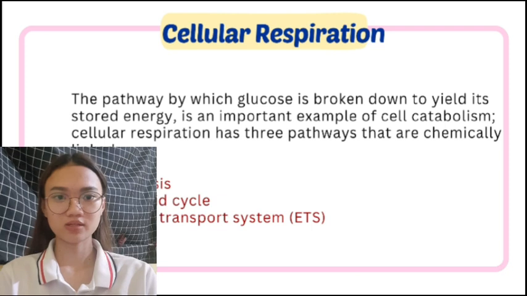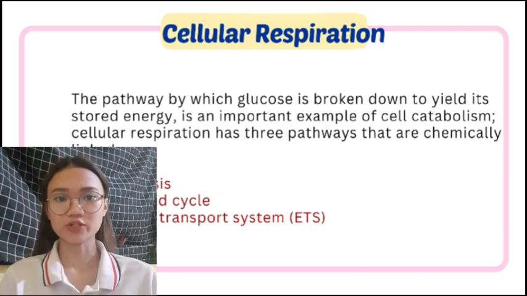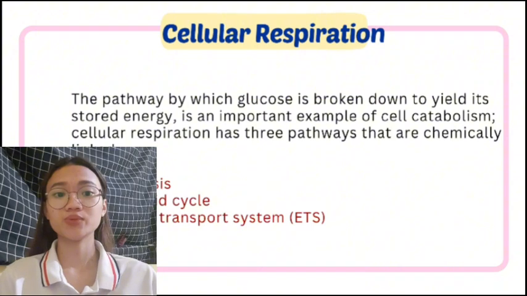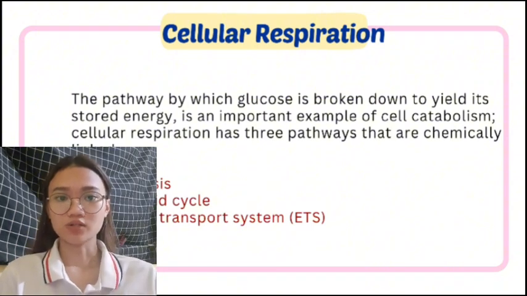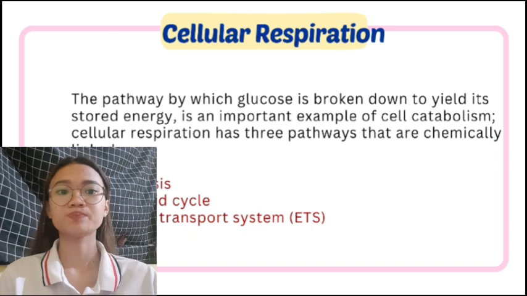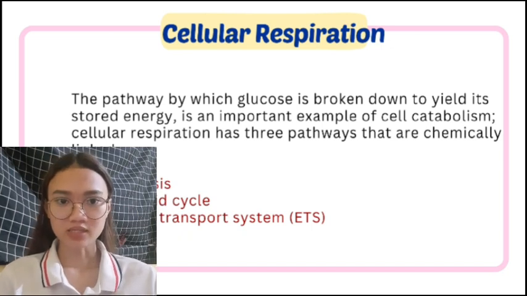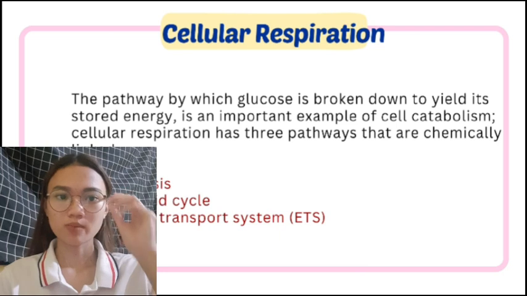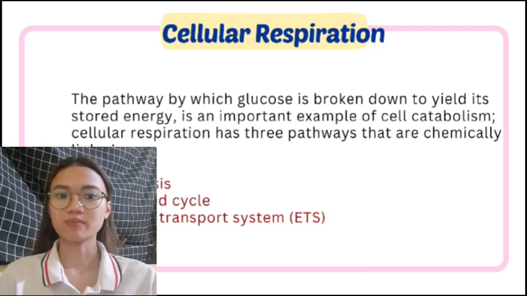Next, we have cellular respiration, the pathway by which glucose is broken down to yield its stored energy. So, importante ito sa ating cell catabolism, cellular respiration. So, meron tayong three pathways that are chemically linked.